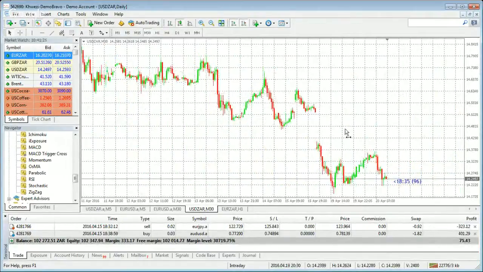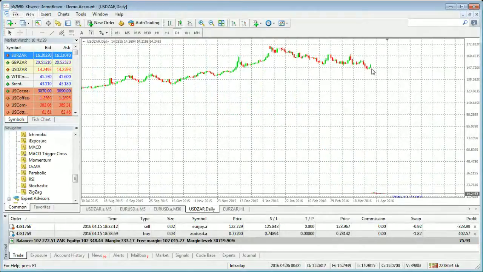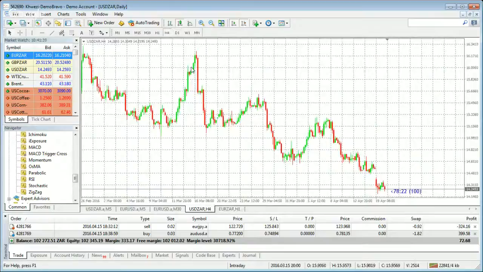Actually, the 30 looks good as well. Daily, it all started around just after the 18th of March, so it was the 5th of April. 4 hour looks good.